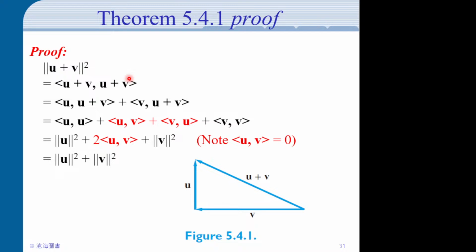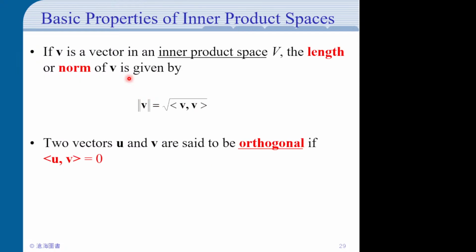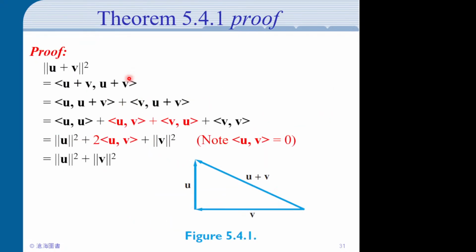Here we use something that we didn't state before, so I guess we can say it here. If you have x inner product with alpha y plus beta z, this is equal to alpha times x inner product with y, plus beta times x inner product with z.